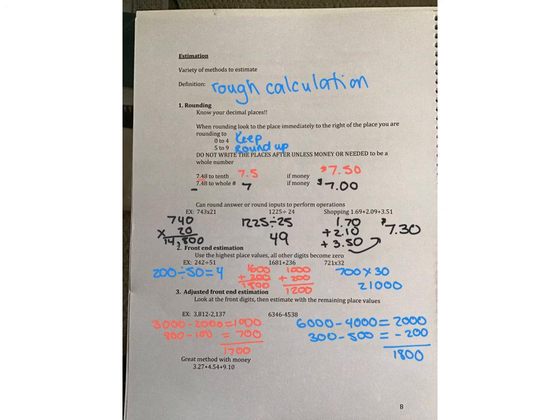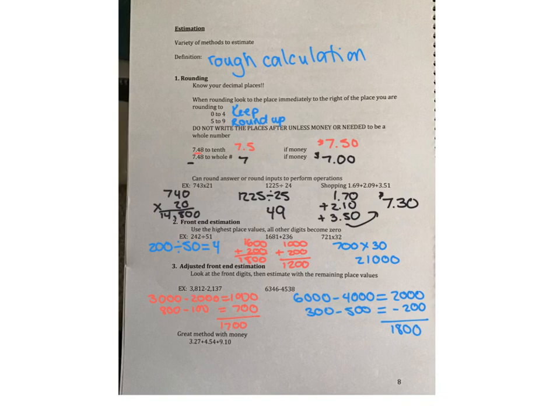Then I'm going to go ahead and try this one with money. So this is a really good method to use when we're talking about money. So I can take all my front values. So I have 3, 4, and 9. So we have 16.